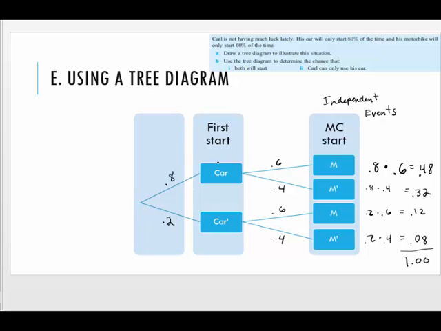That would mean the car starts and the motorcycle doesn't. So he's out there, he's like, okay, I'm going to try them both, turn the car on, it works, turn the motorcycle on, it doesn't work. That gives us a 32% chance that would occur.